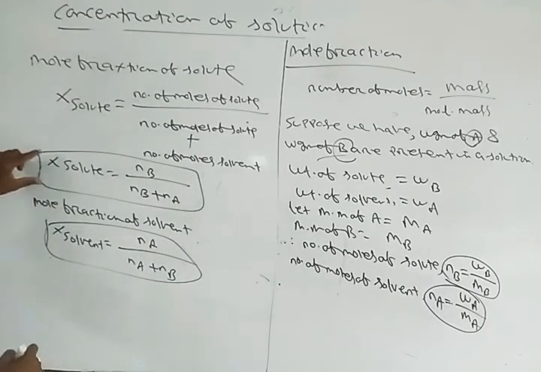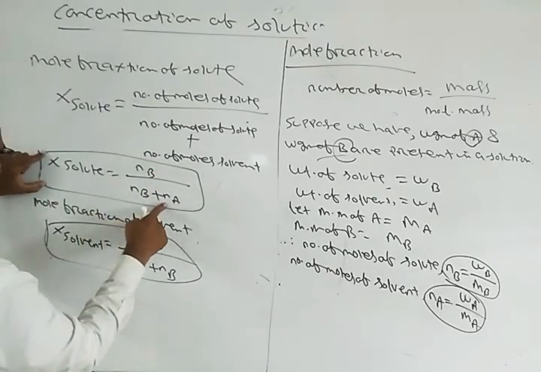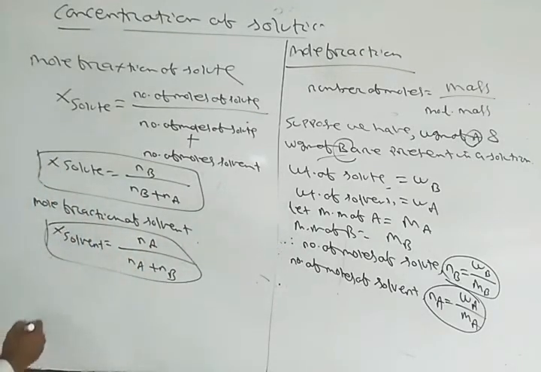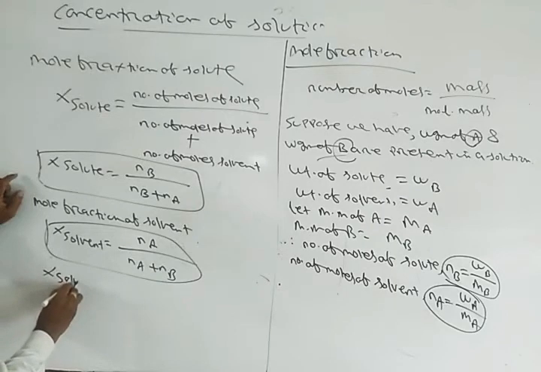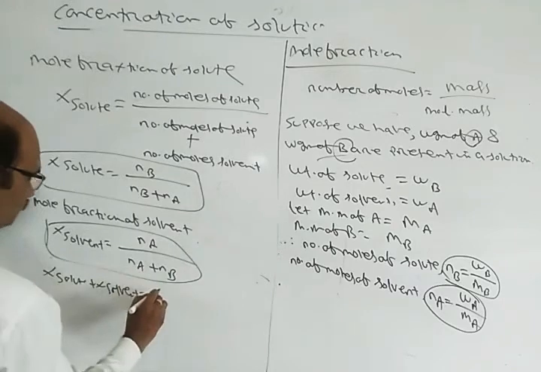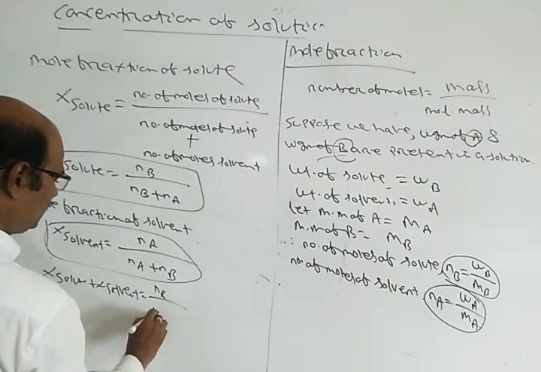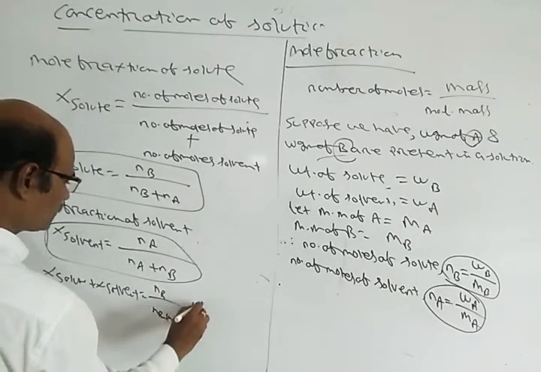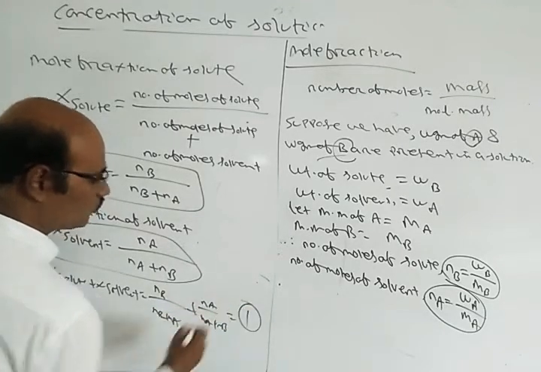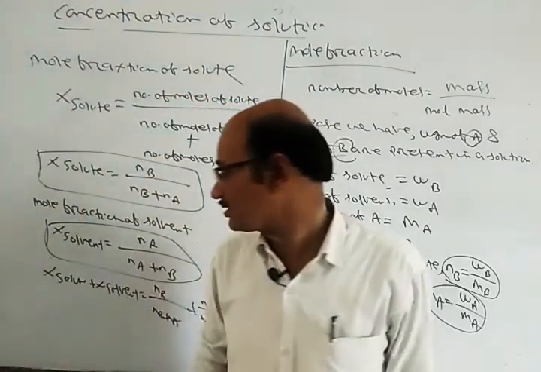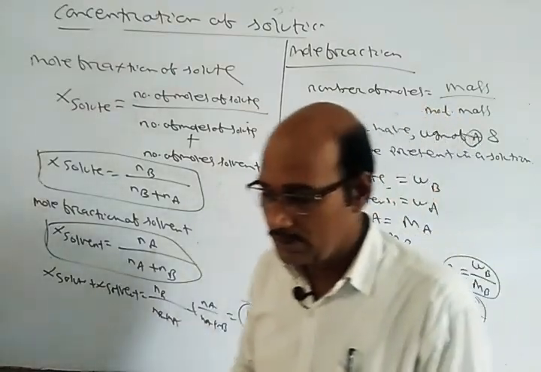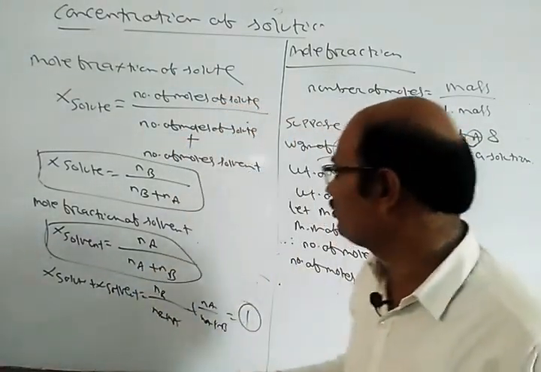Now if I add these two, X solute plus X solvent equals N B by N B plus N A plus N A by N A plus N B, equal to 1. So mole fraction of solute plus mole fraction of solvent is equal to 1.